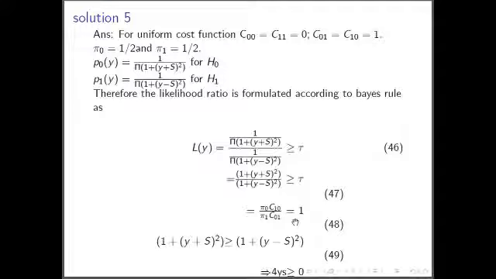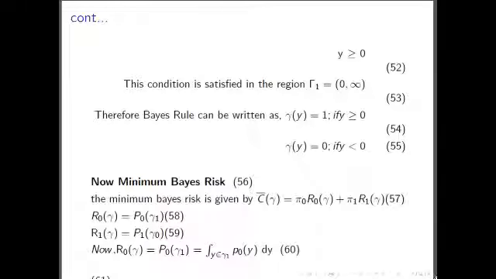In this case it is equal to 1. On solving, we have y greater than or equal to 0. This is the condition which is satisfied in the region gamma 1 is equal to 0 to infinity. Therefore, Bayes rule can be written as gamma of y is equal to 1 if y greater than or equal to 0, is equal to 0 if y is less than 0.